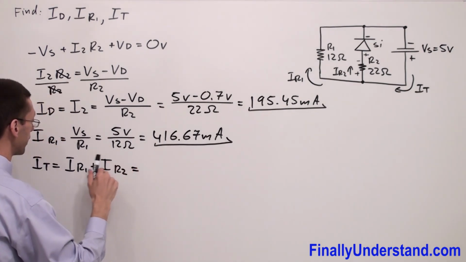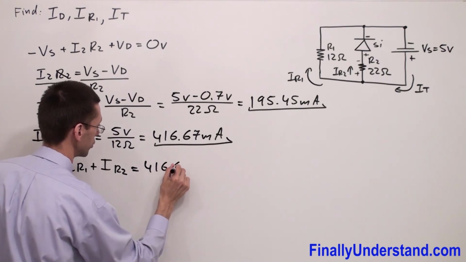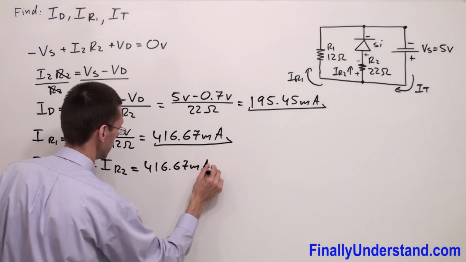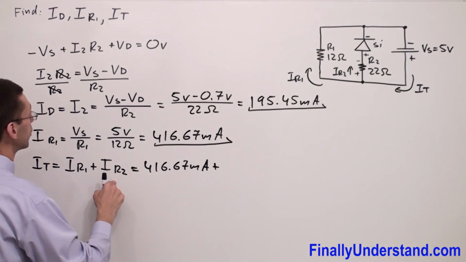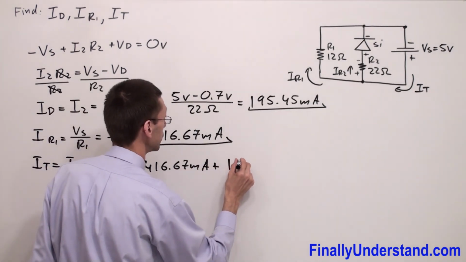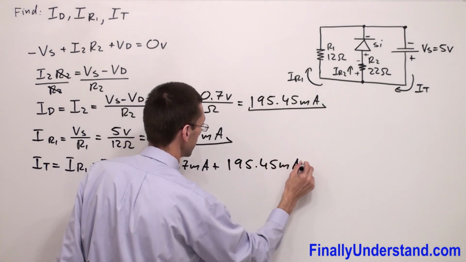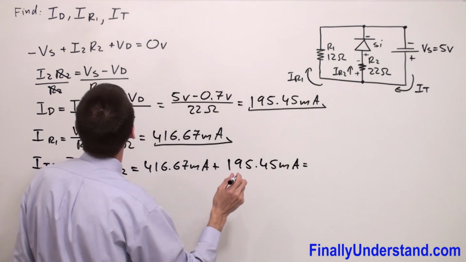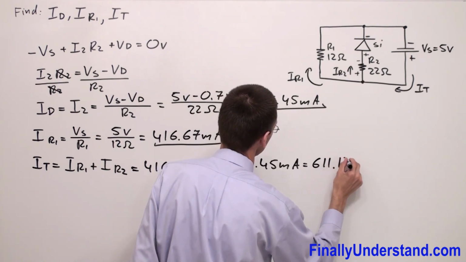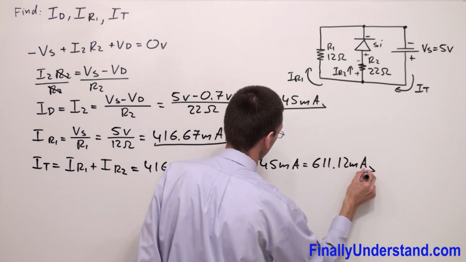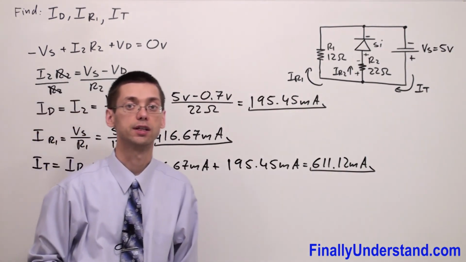So I have I R1 is equal to 416.67 milliamps plus I R2, which is equal to 195.45 milliamps. Everything is equal to 611.12 milliamps. Okay, so this is my total current. So we can say that the problem is solved.